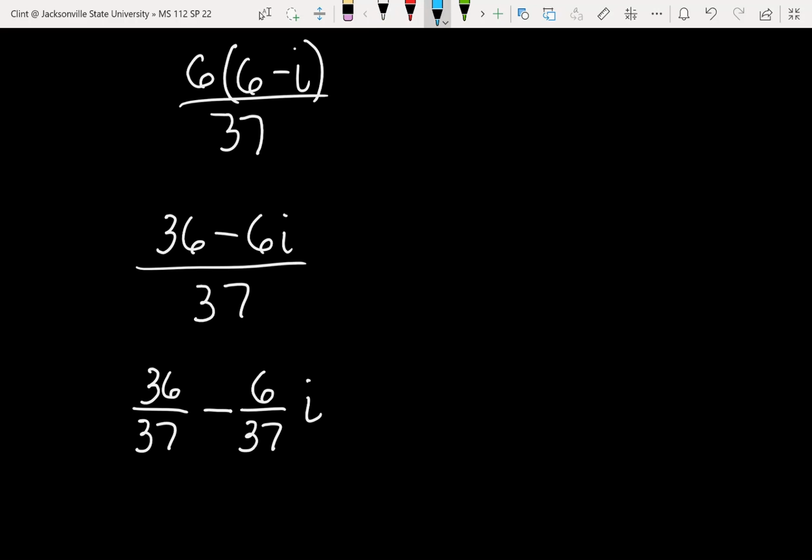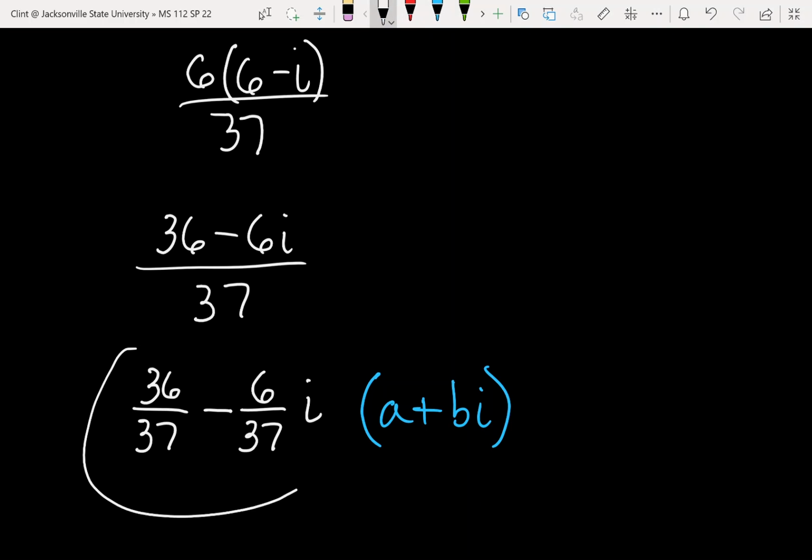Now this is just putting our answer in a plus bi form. So if it makes us put our answer in a plus bi form, that would be our answer. All I'm doing is splitting that up.